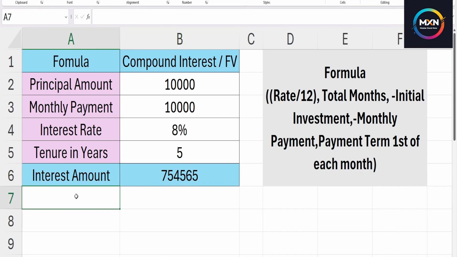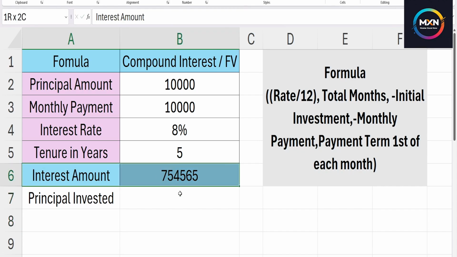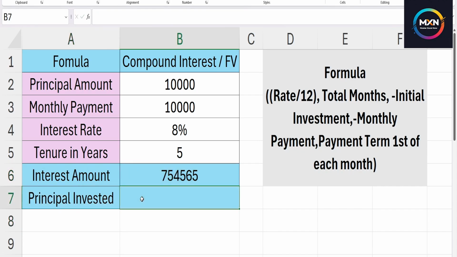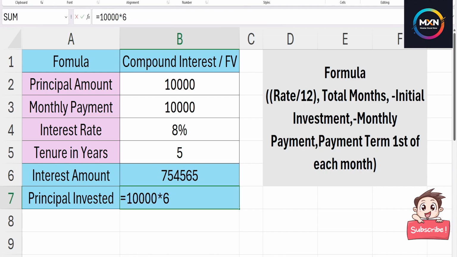Now, again, we are going to calculate the principal invested. So when we calculate principal invested, what we are going to do is equals to 10,000 and into 61 payments that were done for 10,000.